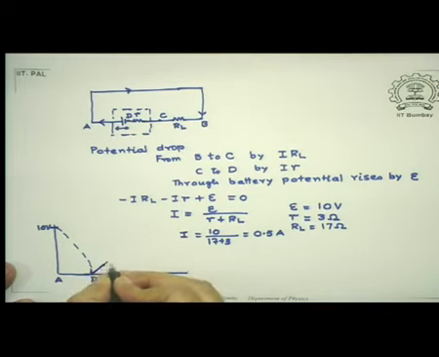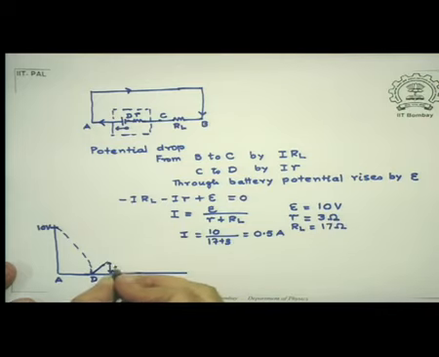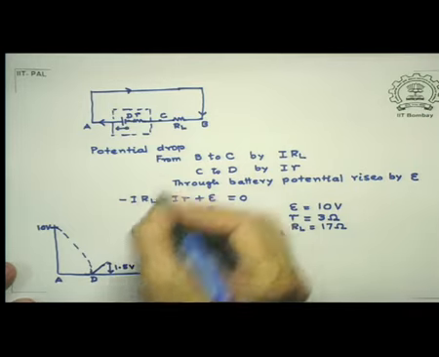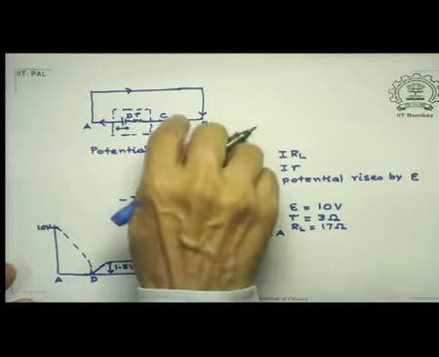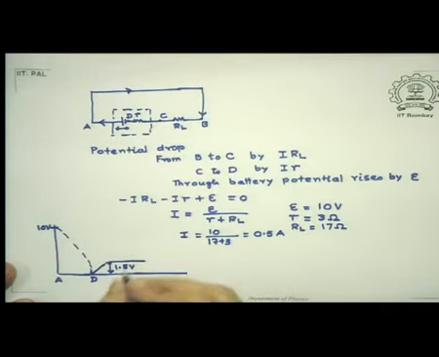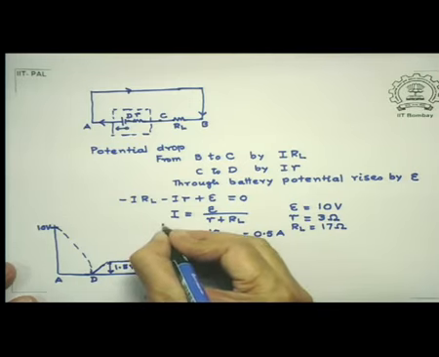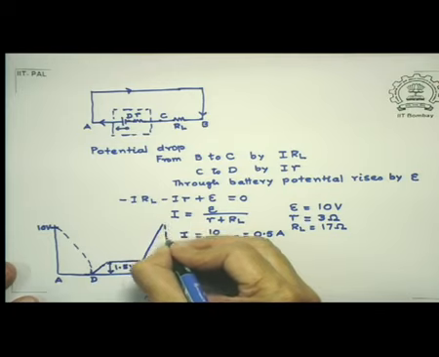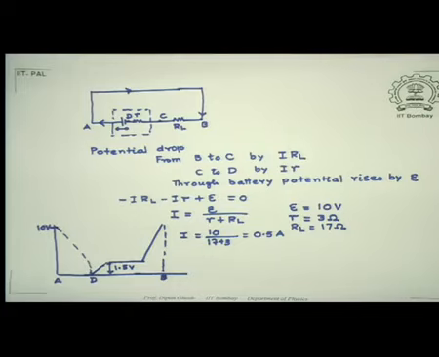And this rise, not to scale, is, current I is 0.5, R is 3, so this rise is 1.5 volts. Now, the potential remains the same up to this point, and then again when it crosses the RL, it rises coming back to the value 10 once more. So this is the point B, which is obviously the same as the point A.